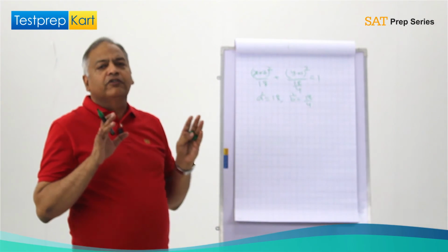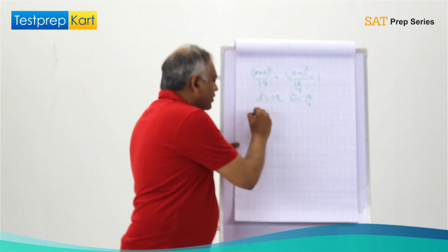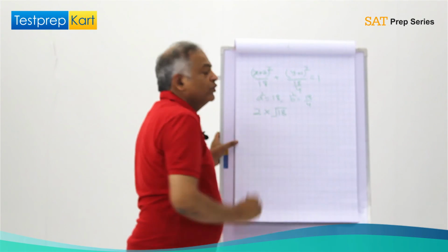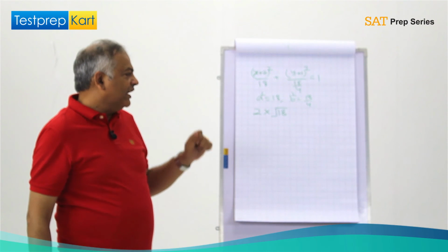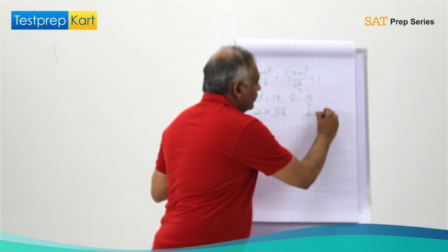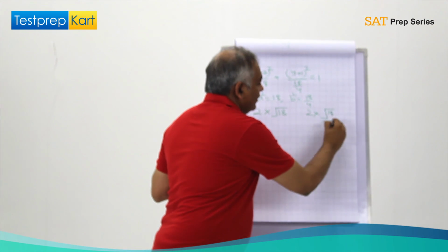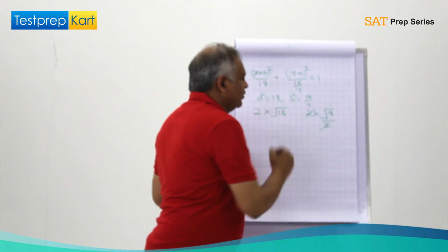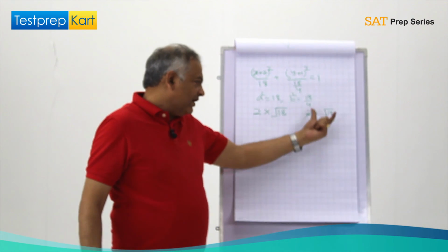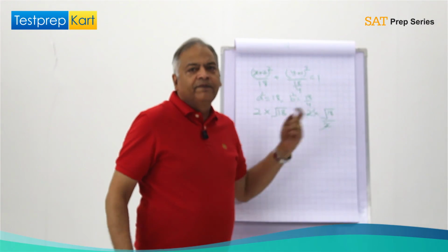So the length of the major axis will be 2 times root 18, that is 2a. And what will be the length of the minor axis? That will be 2 times root 18 divided by, of course, 2, so you can cancel 2 also. So the major axis length is 2 root 18, the minor axis length is root 18.